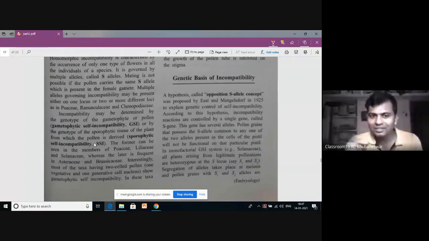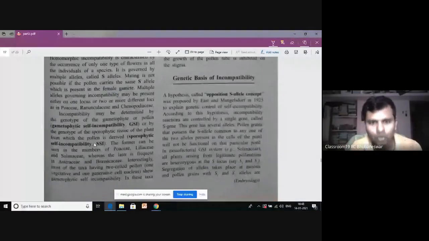The exine is synthesized by the tapetum. The protein present in the exine is deposited by the tapetum, and the tapetum has sporophytic origin. So incompatibility due to the exine protein is known as sporophytic self incompatibility. Sometimes the intine also brings about incompatibility.